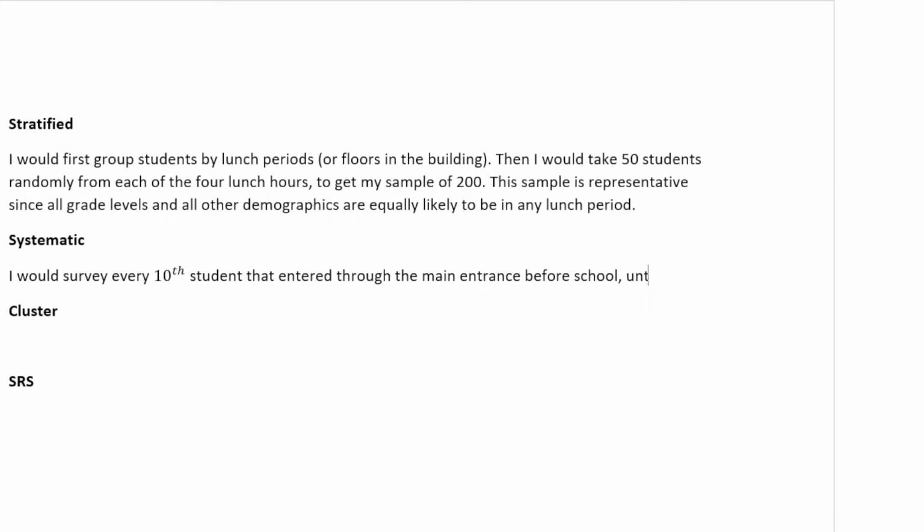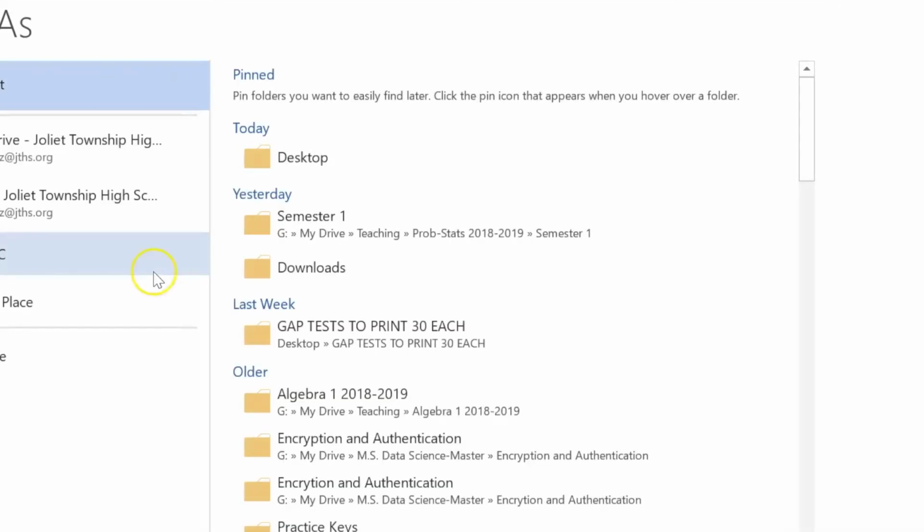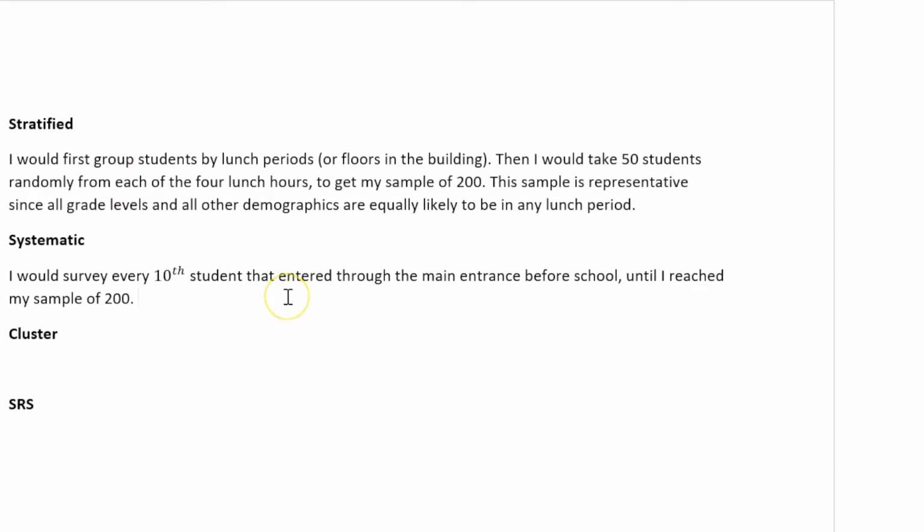I'd go through there until I reach my sample of 200. So again, keep pressing that Control Save. So until you reach your sample size.